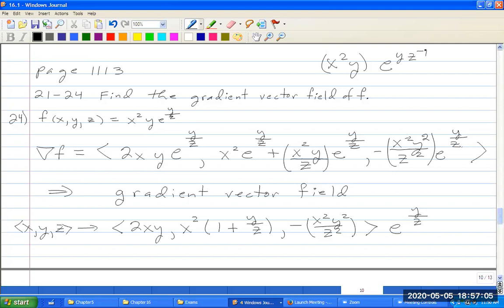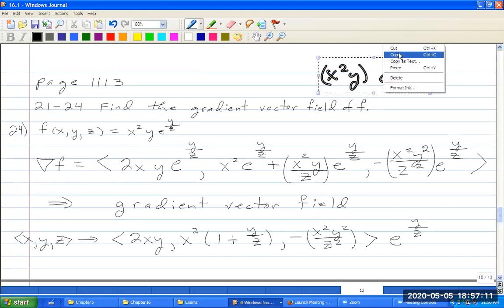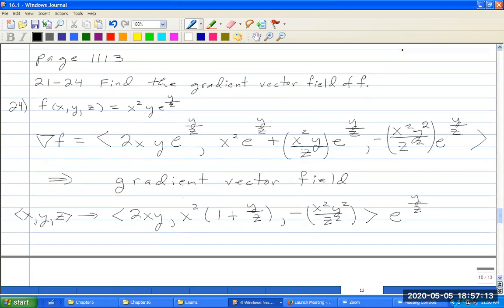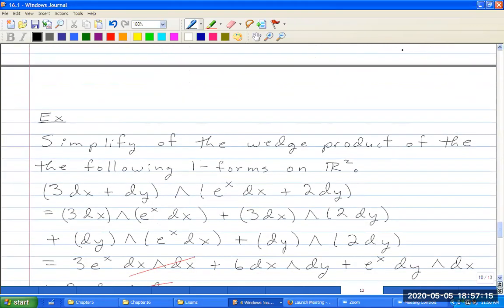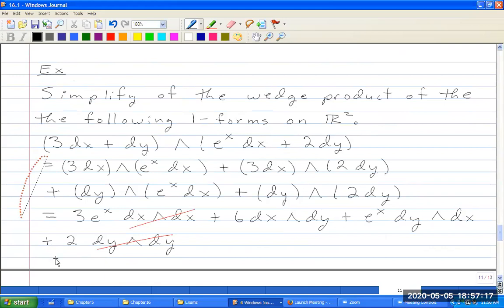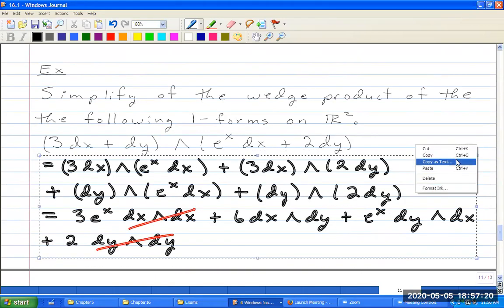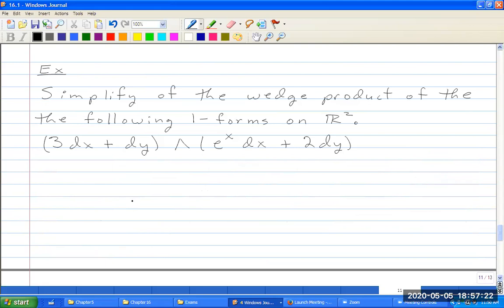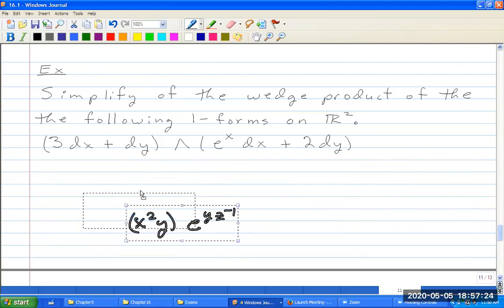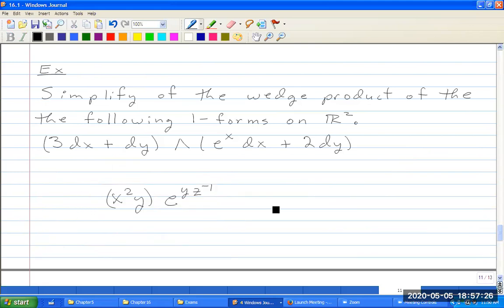So to take the derivative, let's get some extra room here. So let's say that I want to take the derivative of this with respect to z.